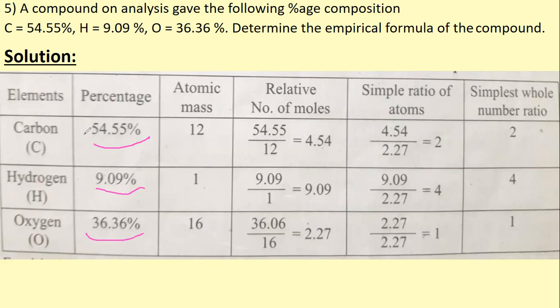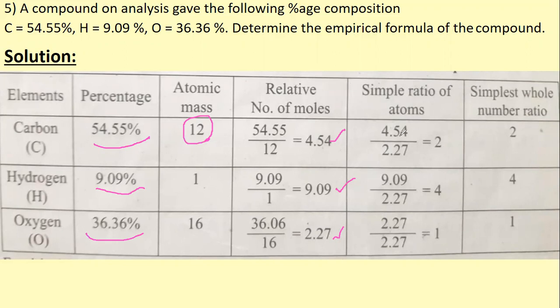How to calculate the relative number of moles? That is simply this percentage divided by the atomic mass. So we will get the answer 4.54, and here 9.01, then 2.27.